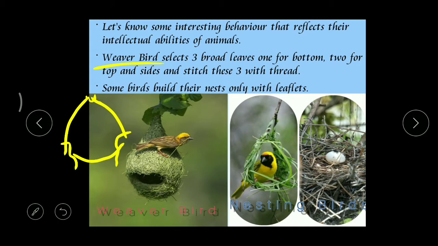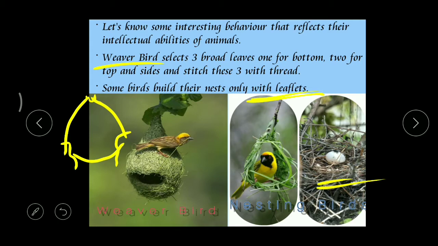And even some birds prepare their nest only with leaflets. Leaflets means the young leaves, right? And in our surroundings we can find different types of nests prepared by different types of birds. Here, in this case, we can find this nest is completely made up of dried sticks, right?